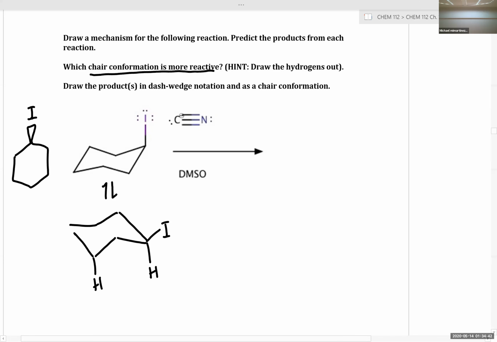Now, what I'd like you to tell me is, after drawing out all of the hydrogens, which conformation is more reactive. And I'd like you to draw the products in dash wedge notation and as a chair conformation.